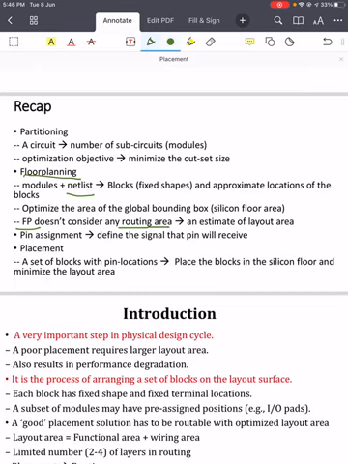Okay. After that, we have the pin assignment stage, where we define which signal each pin will receive on the surface of the block, on the outer region of the block. So we can have the pin locations after the pin assignment step, and in the pin assignment step there are also some approximation techniques for wirelength calculations, right?